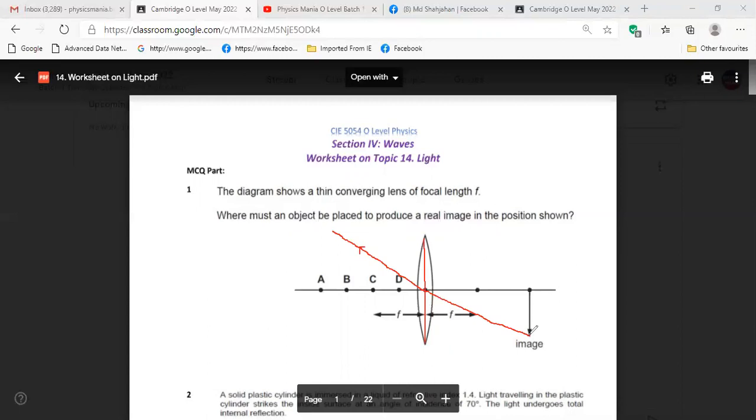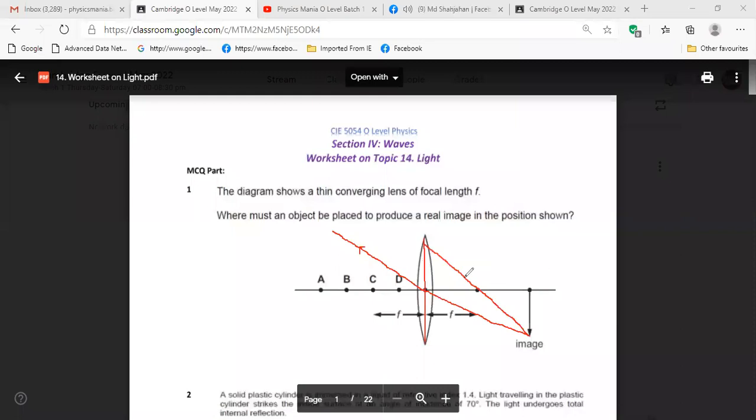Now the other ray, you should draw from here. It will go through the focal point, and it will go to the lens.